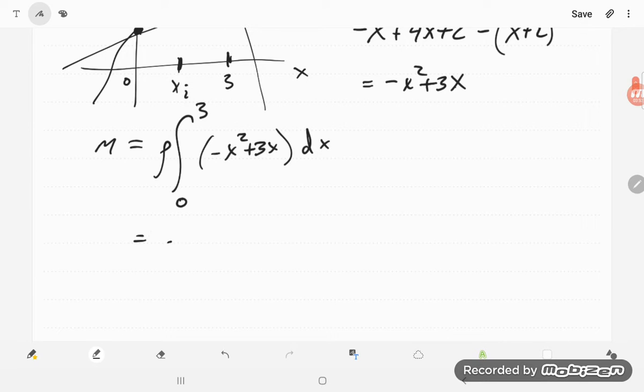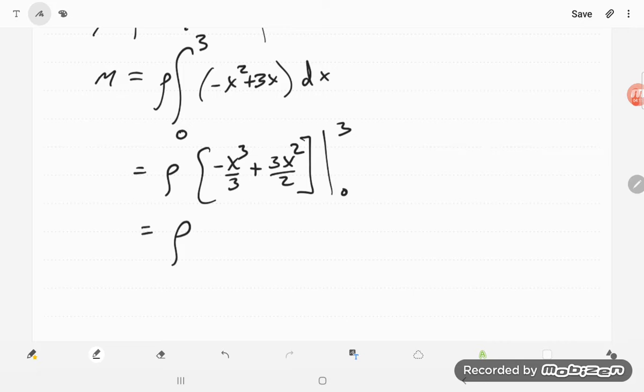And so that's rho times minus x cubed over 3 plus 3x squared over 2 from 0 to 3.